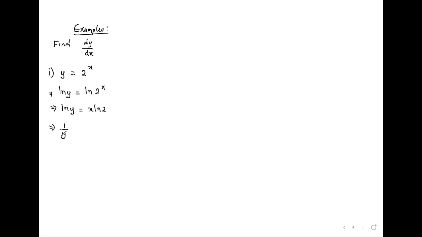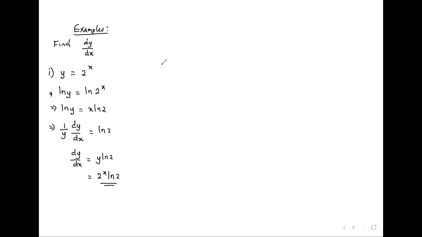But because you have differentiated y, you write dy/dx here. Differentiate x ln 2. Derivative of x is 1, so we remain with only ln 2. And then you are solving for dy/dx. So you multiply throughout by y ln 2, but y is 2 to the power x.